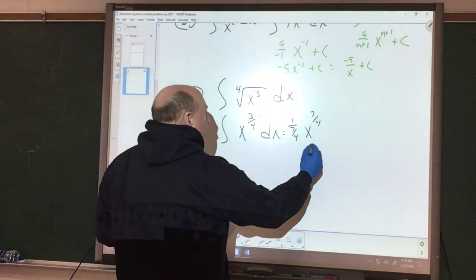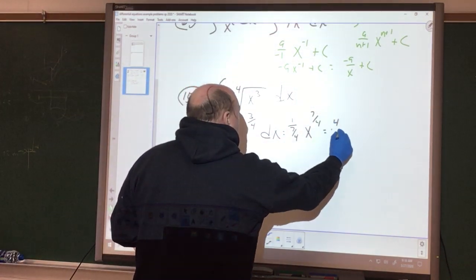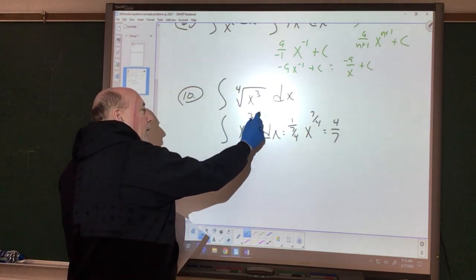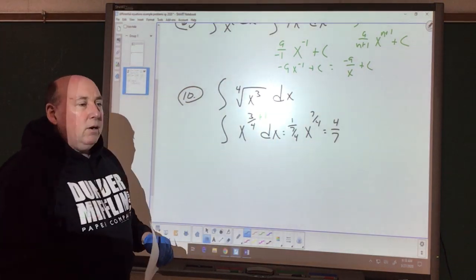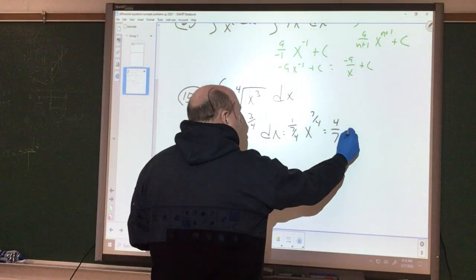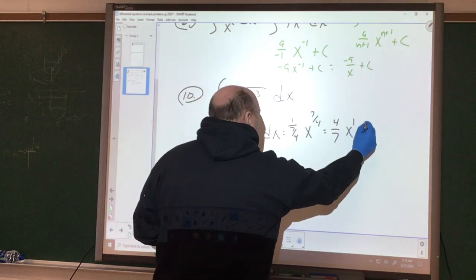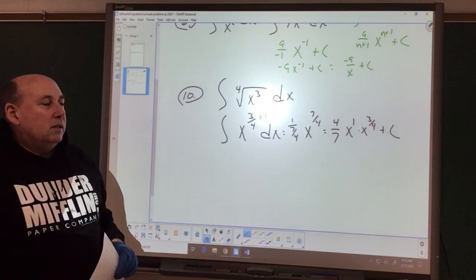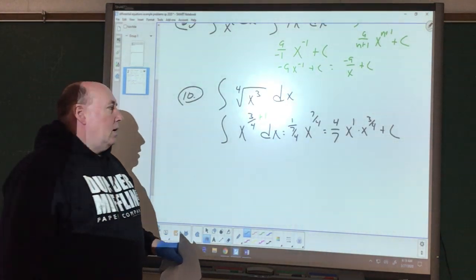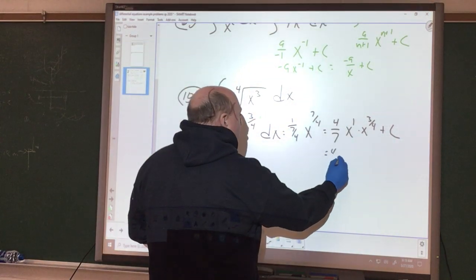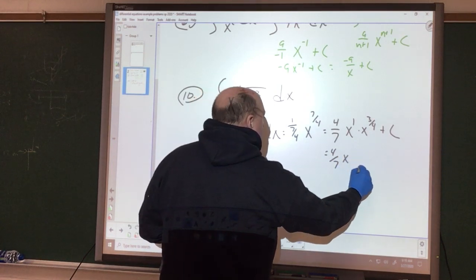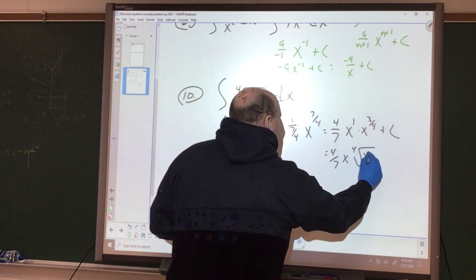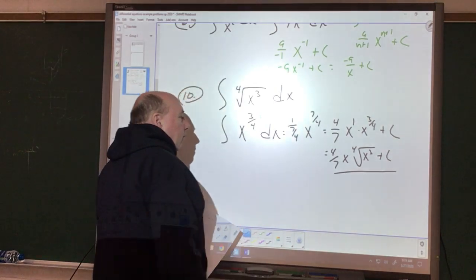So what we're left with is 4/7, and then we could probably go back to this one right here and say this is x to the first times x to the 3/4 plus c, which will then give us 4/7 x times the 4th root of x cubed plus c.